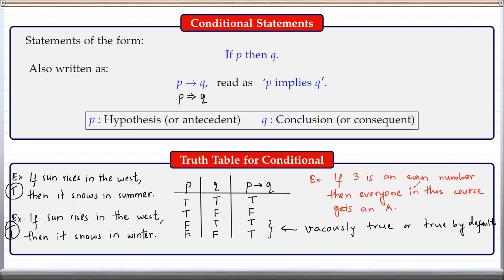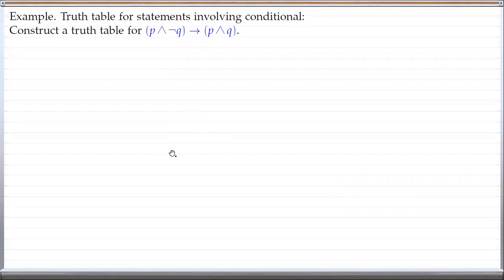But the hypothesis part is definitely false. So since the hypothesis part is false, we have this situation here. So this conditional, if 3 is an even number, then everyone in this course gets an A, is a true conditional, a true statement.